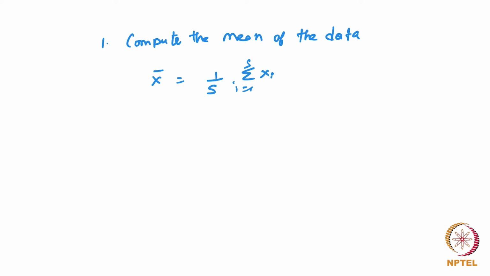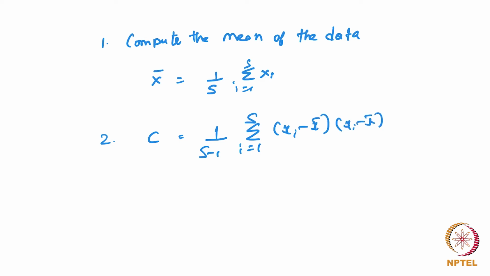Then we compute the covariance of the data, which I'm going to call C. It's 1 over s minus 1, summation i equal to 1 to s, of xi minus x bar times xi minus x bar transpose.